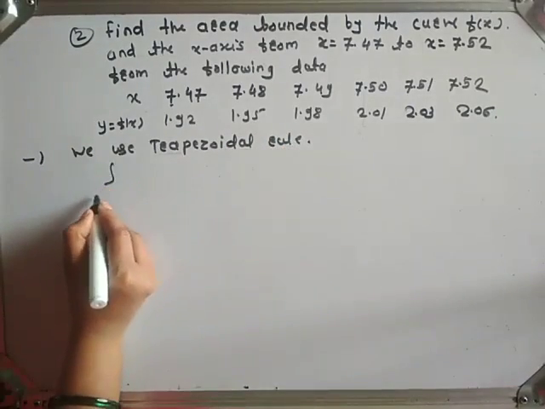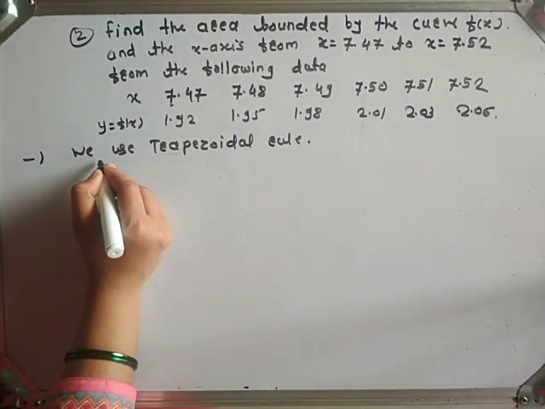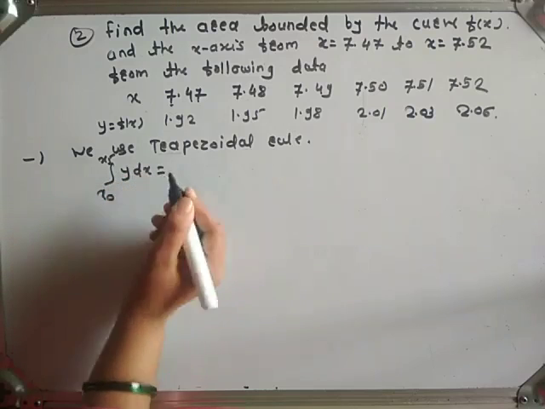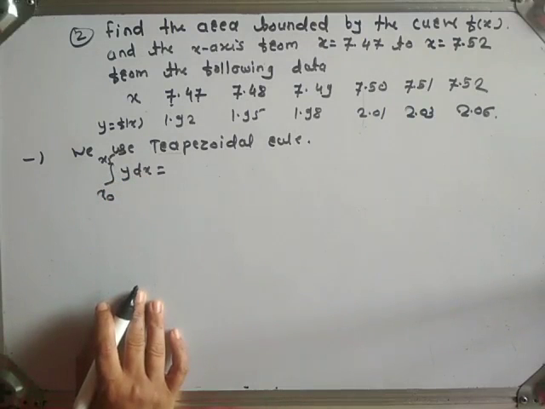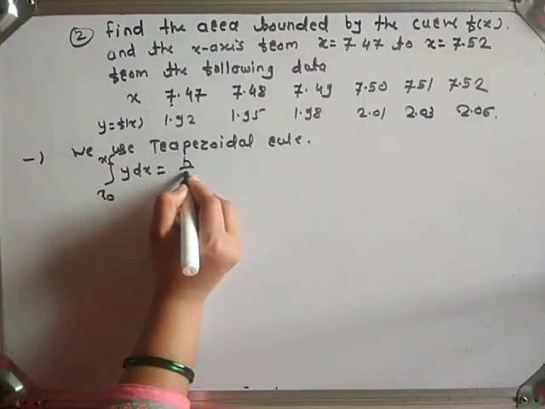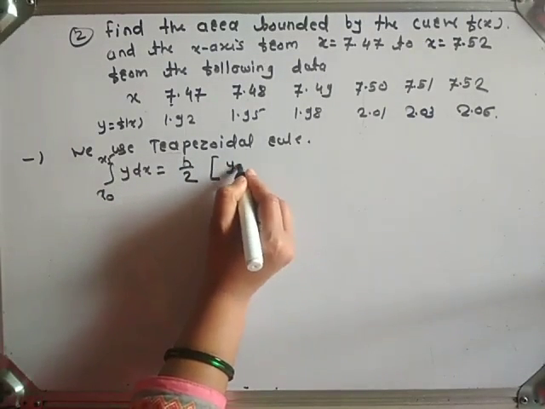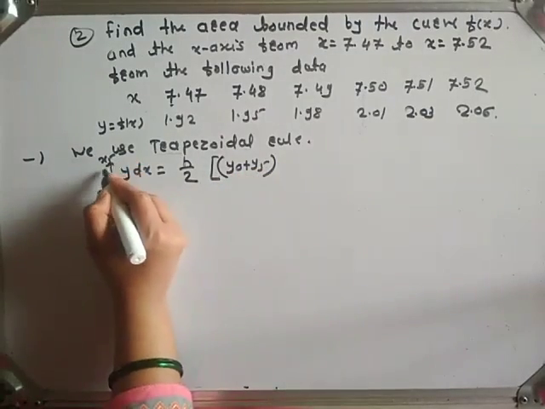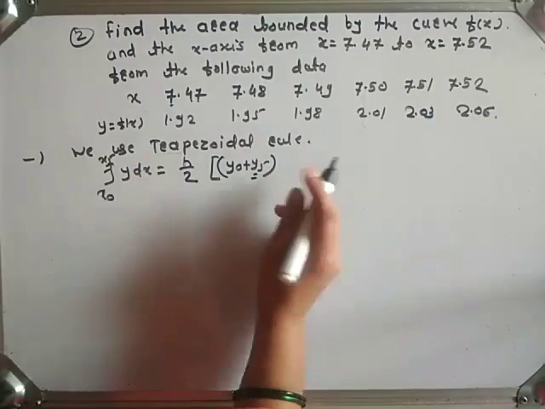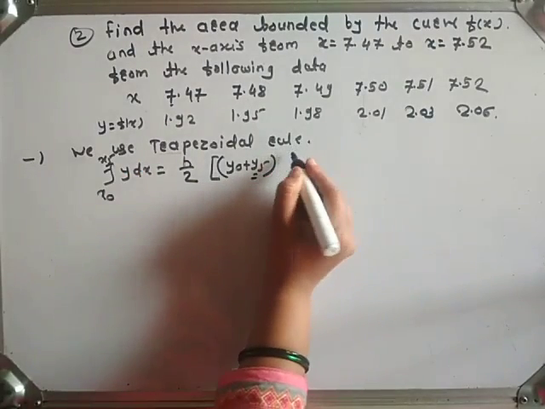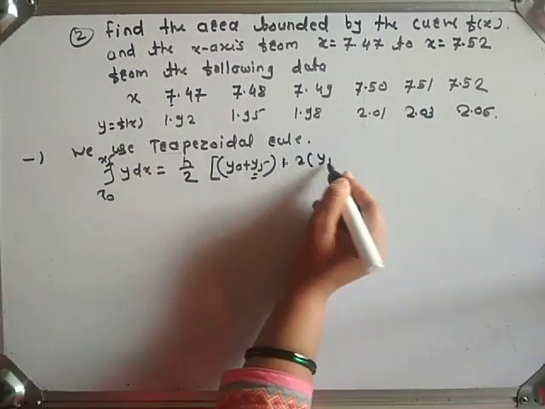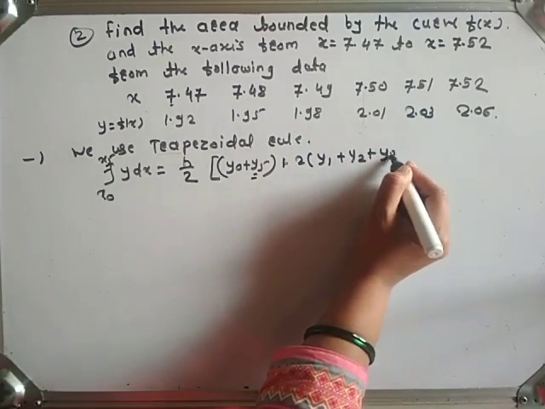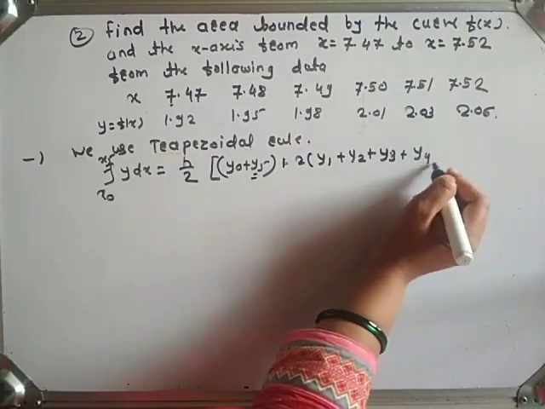And that rule is the integration from x0 to x5 of y dx is equal to h by 2 into y0 plus y5 plus 2 into y1 plus y2 plus y3 plus y4. Why y4?